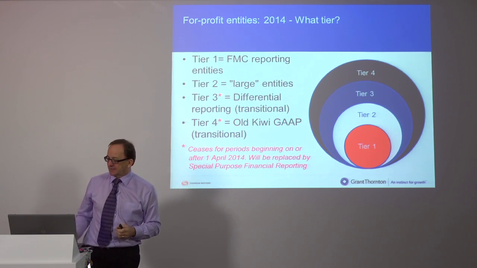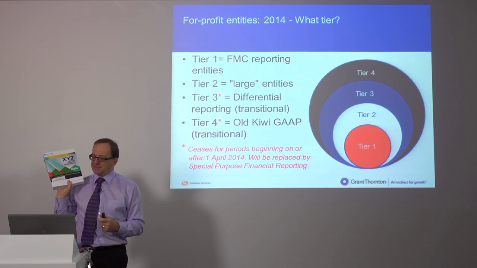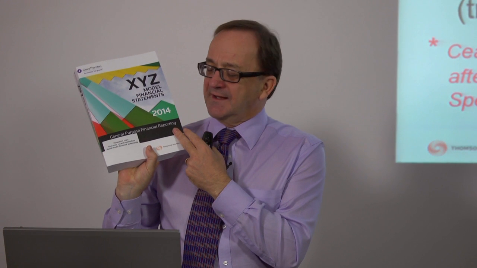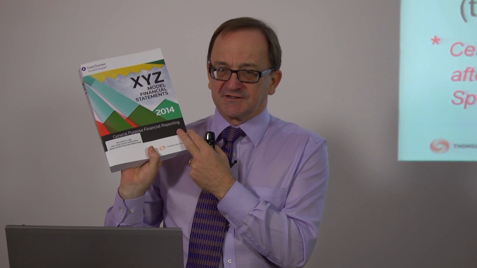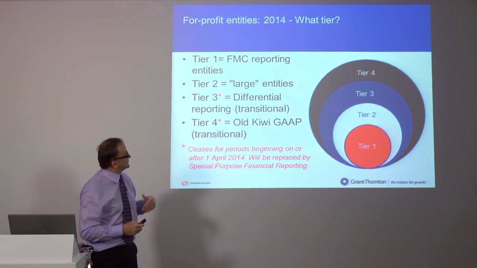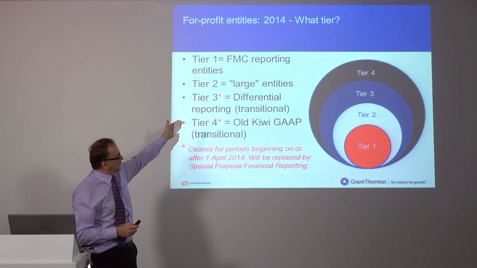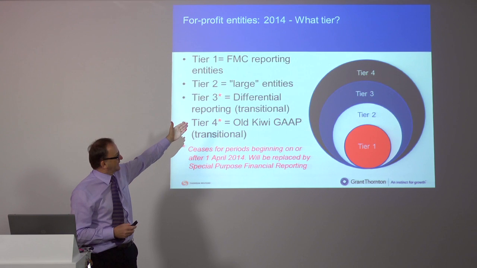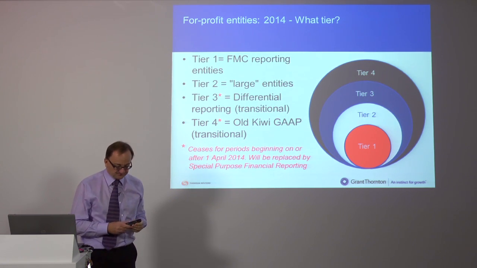Again, you can get details about these tiers, the regime, and I really would encourage you to go into this book for guidance, or alternatively go to the XRB website, which will really illustrate tier 1, tier 2, tier 3 differential reporting, which is around effectively only for 1 more year, and tier 4, which is also around for 1 more year.